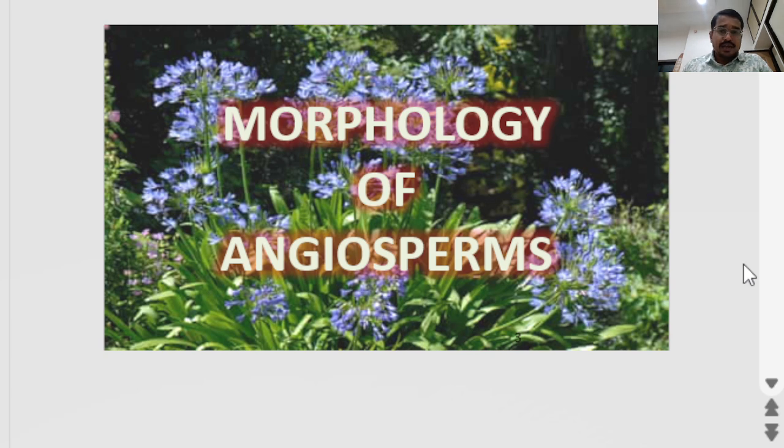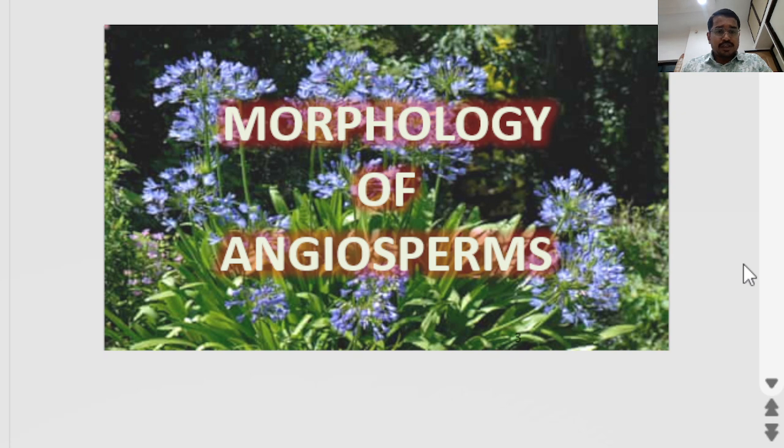So these are the angiospermic plants in a simpler manner. And one more distinctive feature of angiosperms is the presence of fruit.